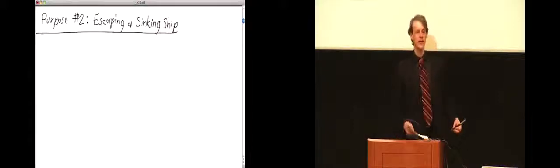The second purpose of using exceptions is sometimes you're running a program and your code reaches a point where it realizes that the thing it was trying to do can't be done, and you need to just get out of a bunch of code because the whole purpose of that code has just been defeated.